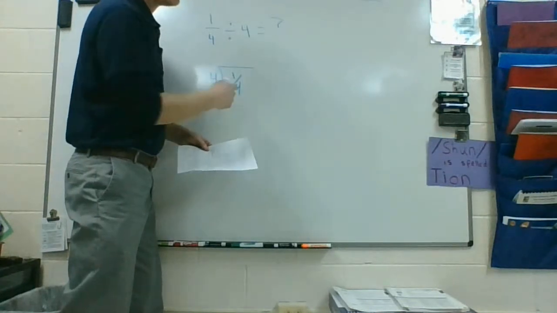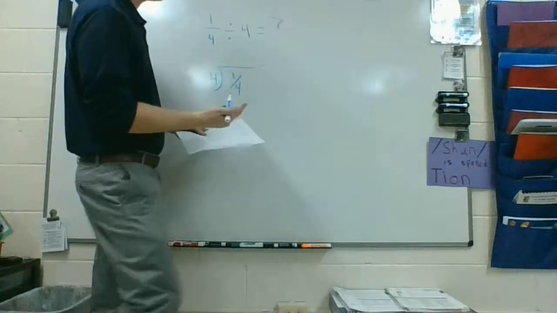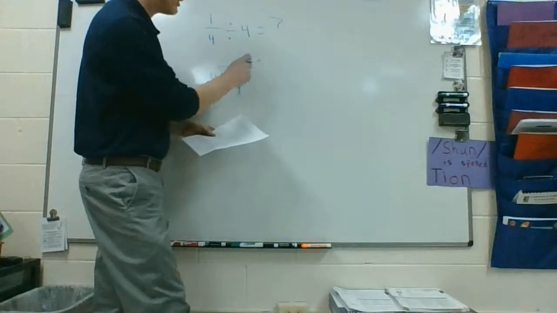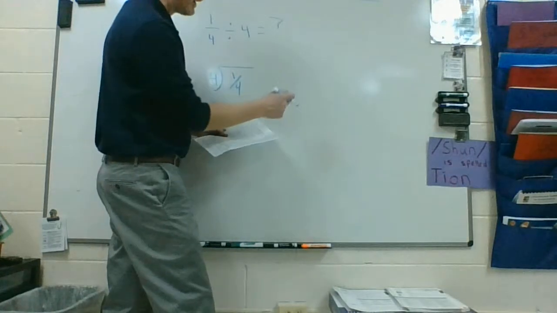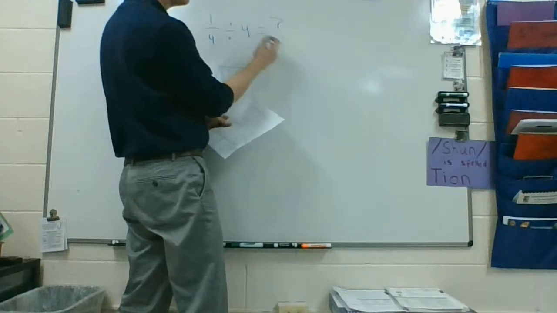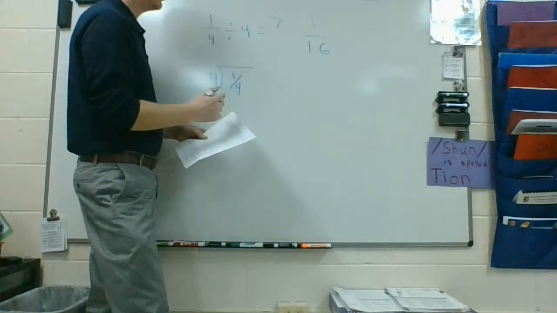Well, it doesn't go in as a whole number. That's a fact, okay? It's going to go in much smaller. So right there, you need to recognize that it's going to be a small number, which means it's going to be a fraction, okay? And you're going to end up with 4 times 4 is 16, or 1/16, okay?